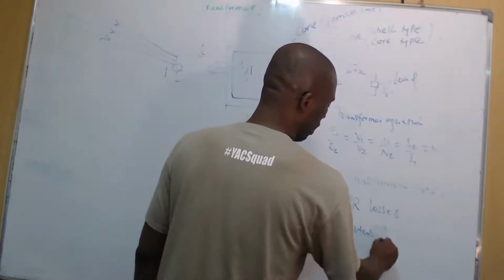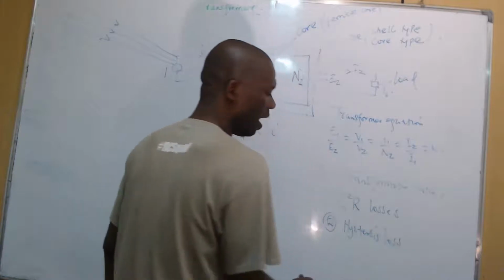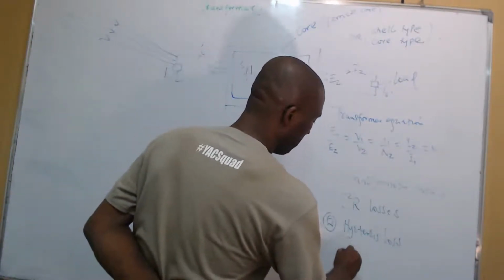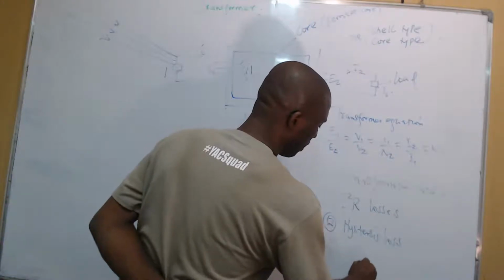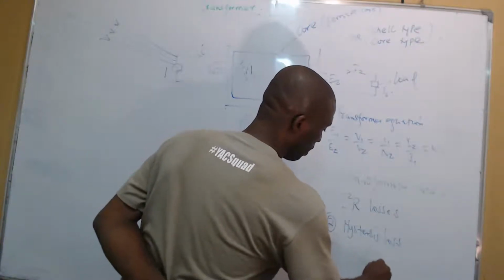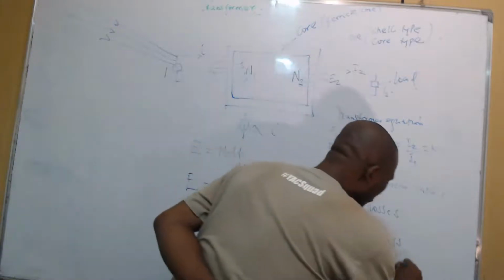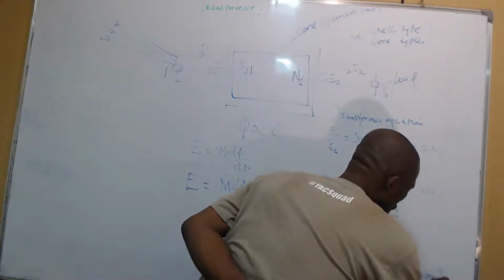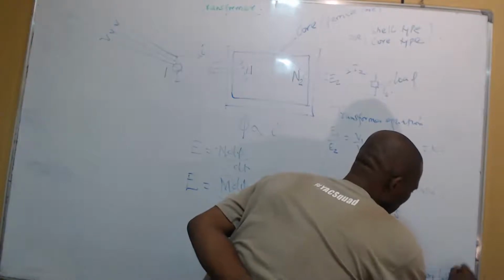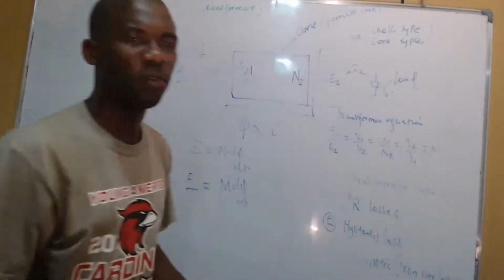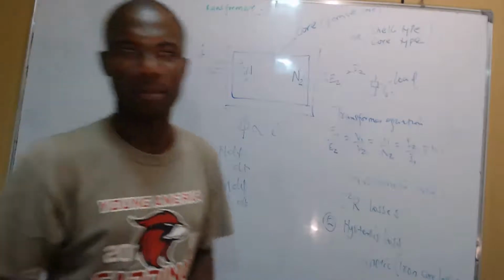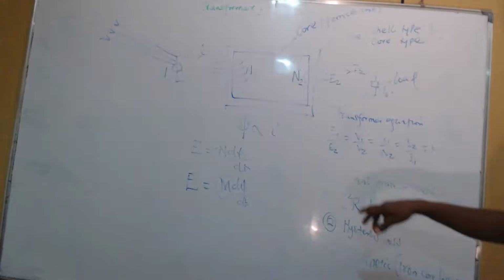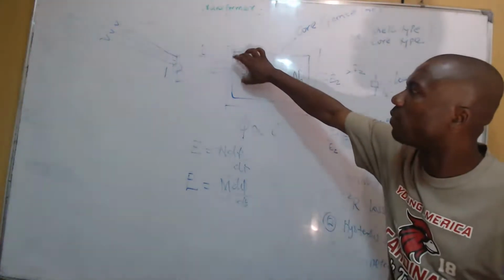And three, we have the magnetic or iron core losses. Now, these are the main losses we find in every given transformer. We have the copper loss, which is associated with the winding of the system.